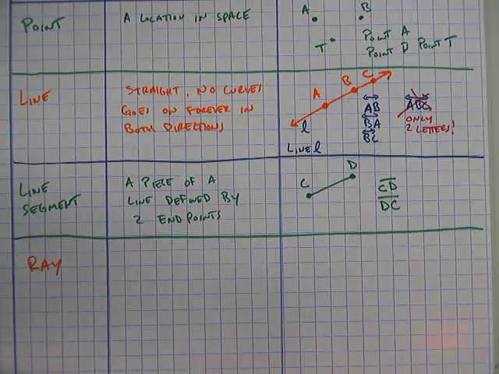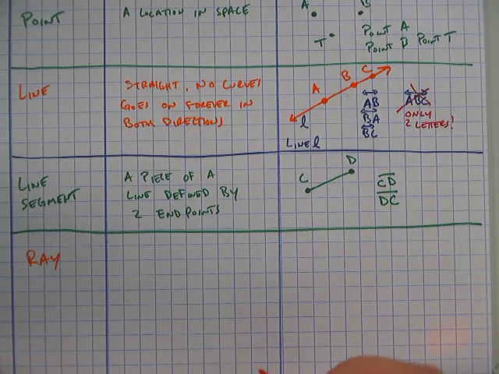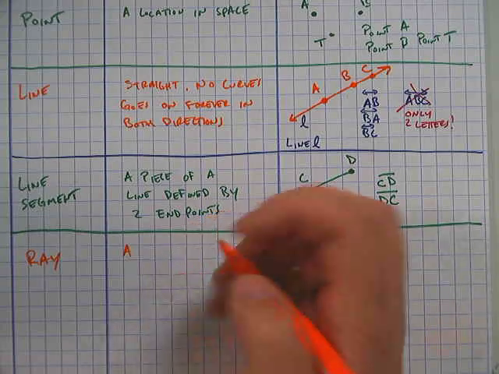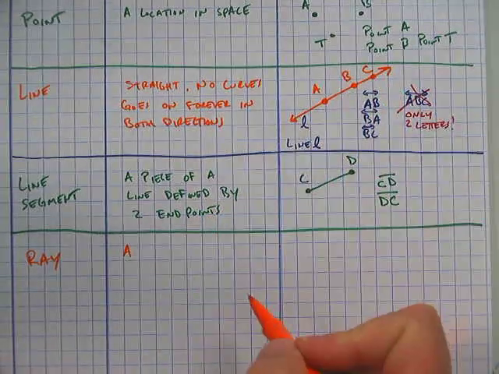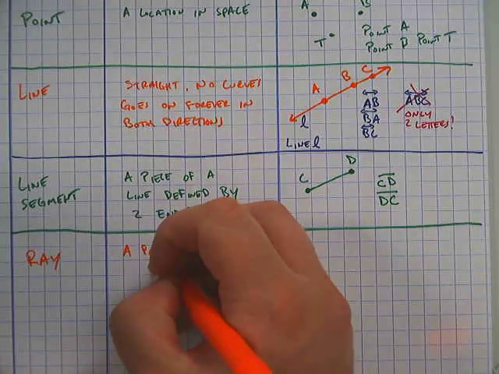Next definition is ray, R-A-Y. A ray is a part of a line, and it has a starting point, but it goes on forever in the other direction. So it's kind of like half of a line.